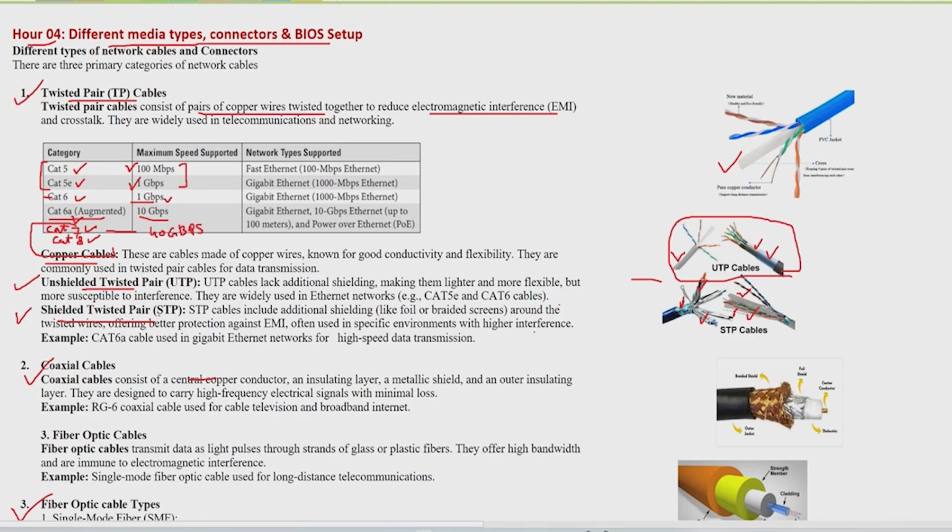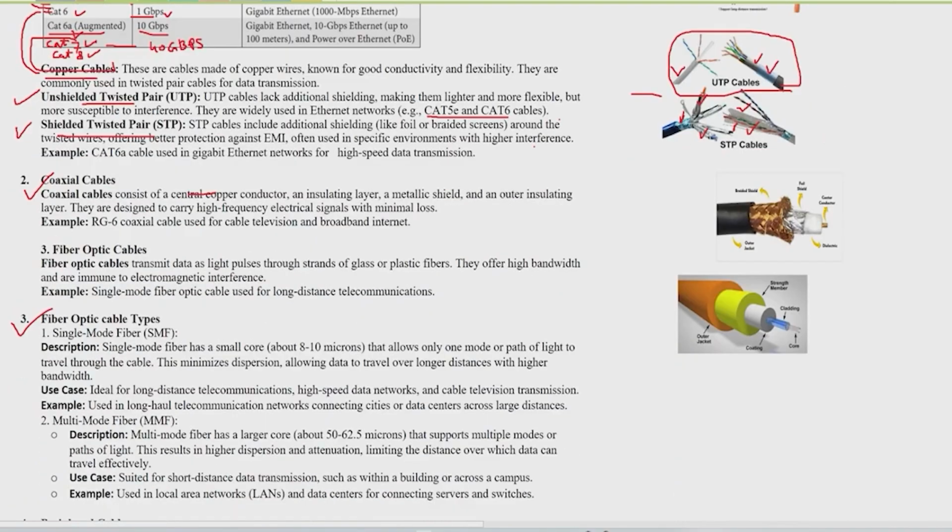Even though they say shielded means fully shielded, there will still be some, but very little. Before it was around 20%, for example. Now it will be 2% or 1%. So up to category 6 we can say it is unshielded, and from category 6A until 8 we can say it is shielded.